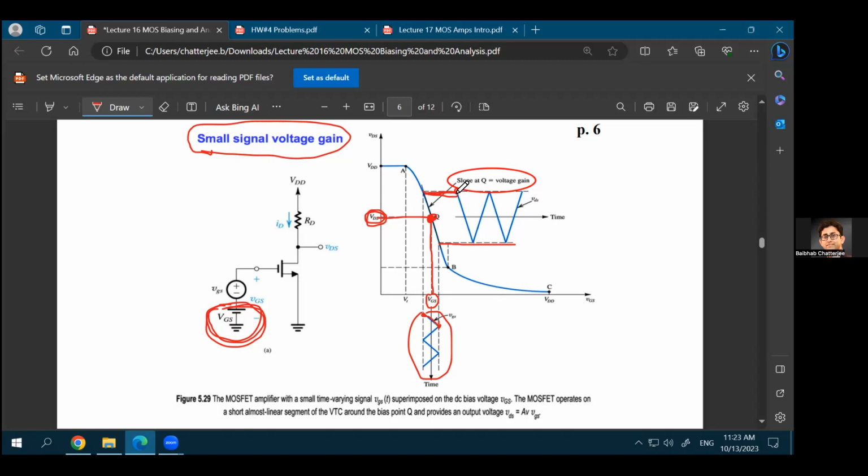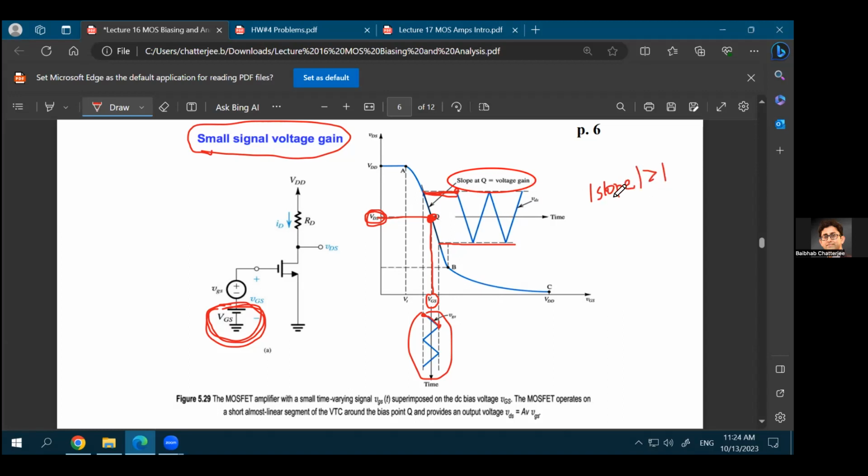So as you see, at your output you have a triangular signal which looks much larger than the input triangular signal. And that is only possible if the slope of this region is steep. Let's say I just take the absolute value of the slope. If the absolute value of the slope is more than 1, then only you'll see amplification.